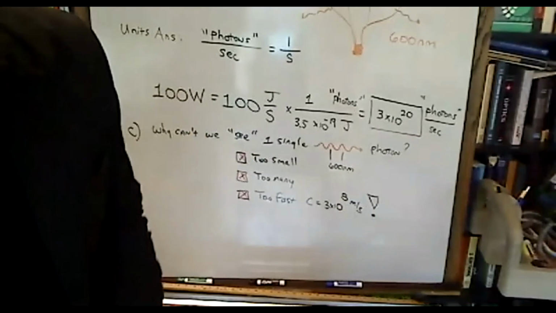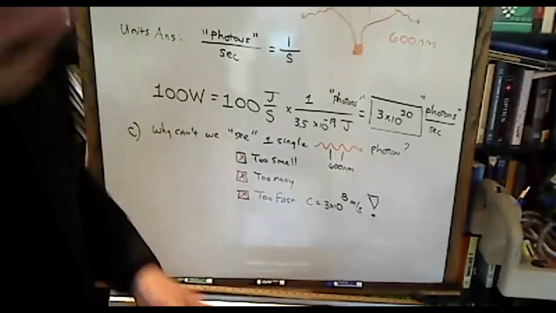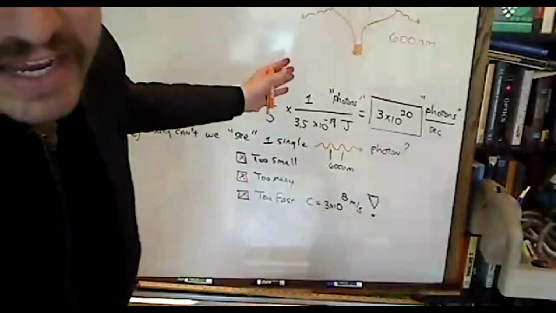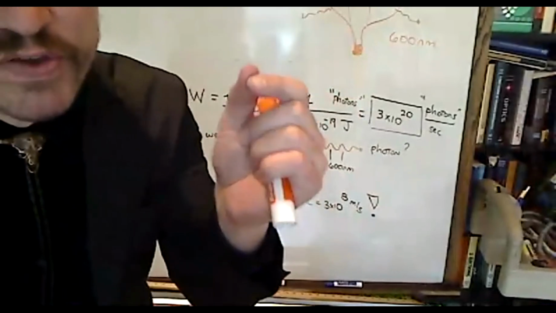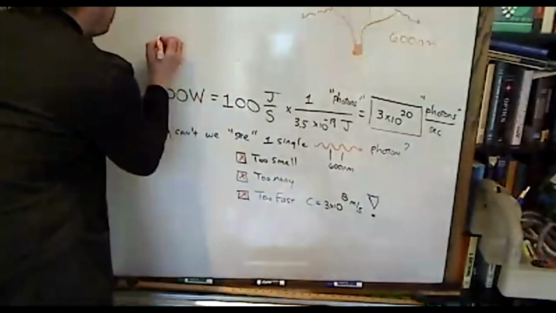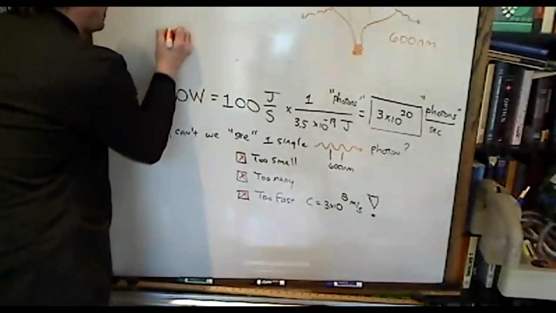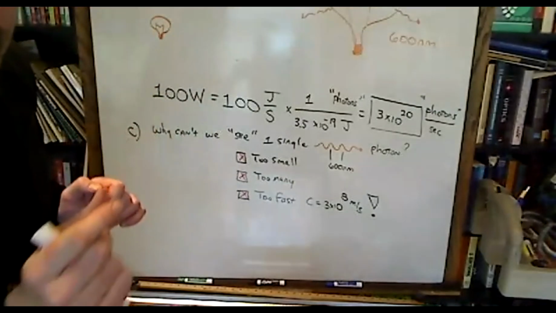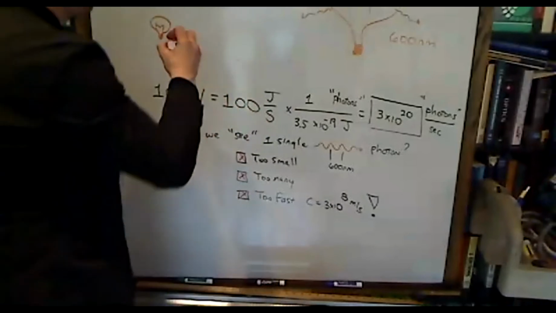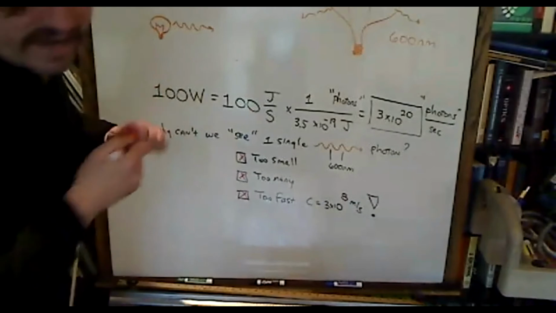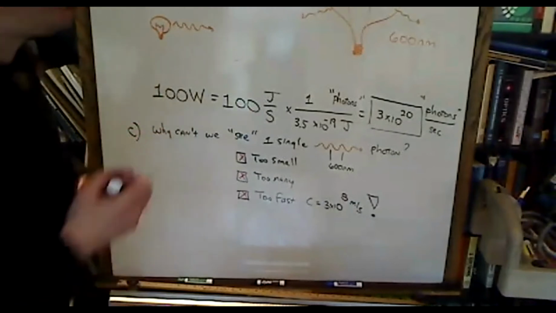Okay, let's have a little thought question here. What if you could invent the world's tiniest Home Depot party bulb? What if you could invent a quantum party bulb, a little microscopic, atomic-sized light bulb that was so tiny it would only emit 1 photon of 600 nanometers per second?